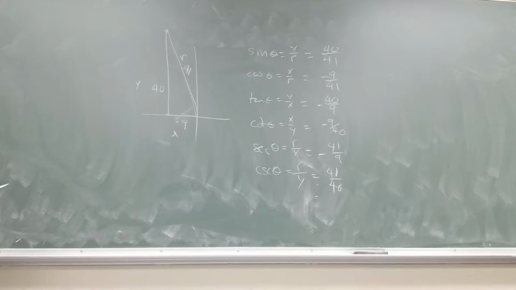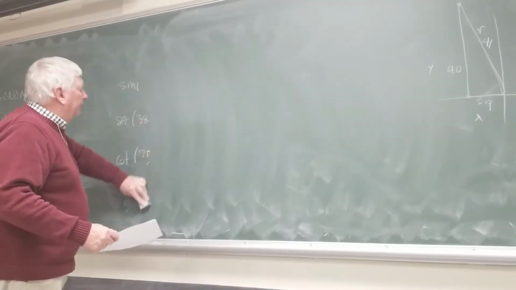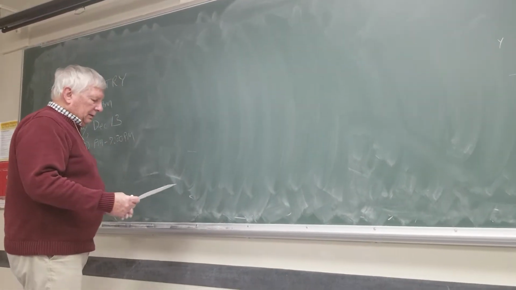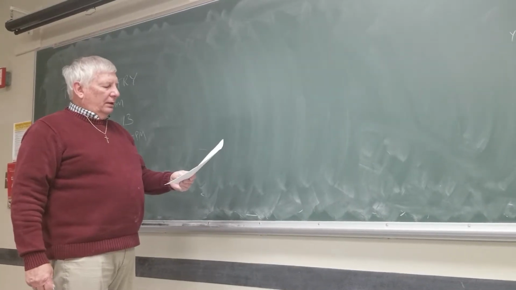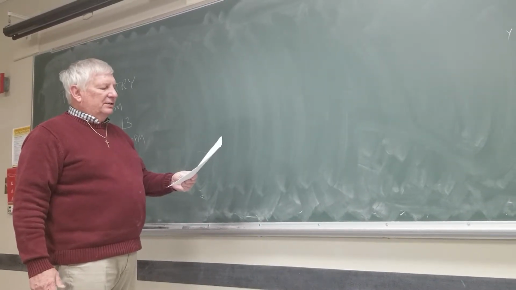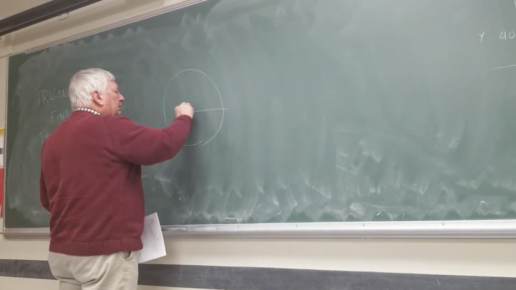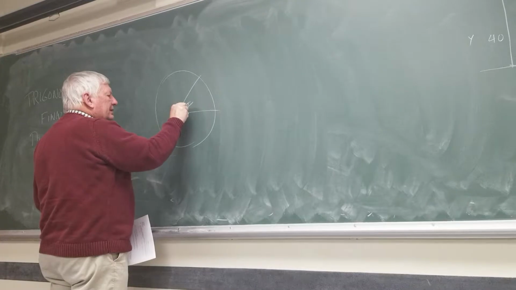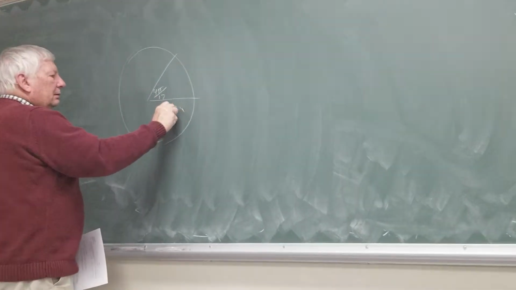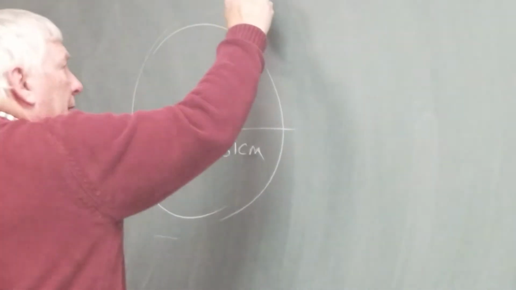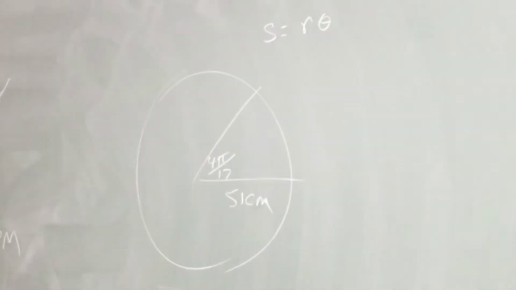Number 8. A says, find the arc length of an angle of 4 pi over 17 with a radius of 51 centimeters. So wherever 4 pi over 17 is, radius of 51 centimeters, and arc length is r theta, where theta is measured in radians.